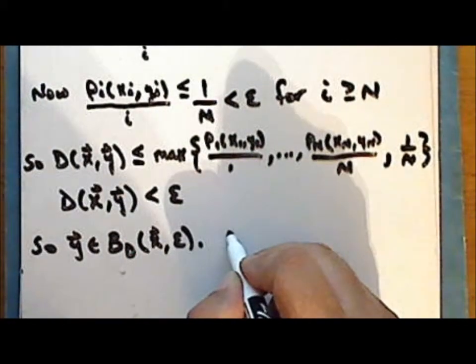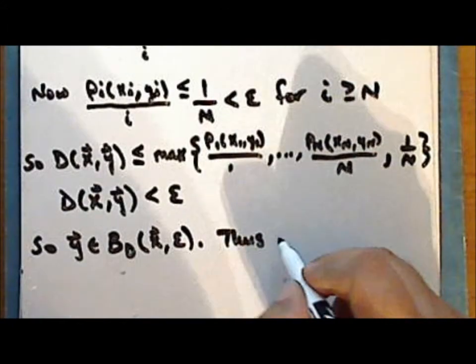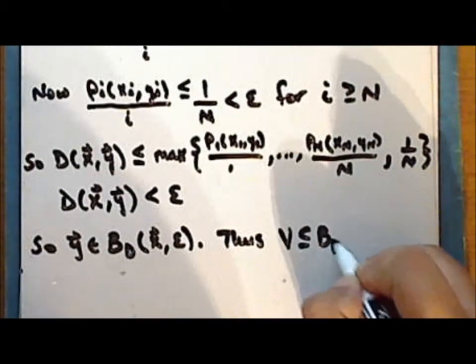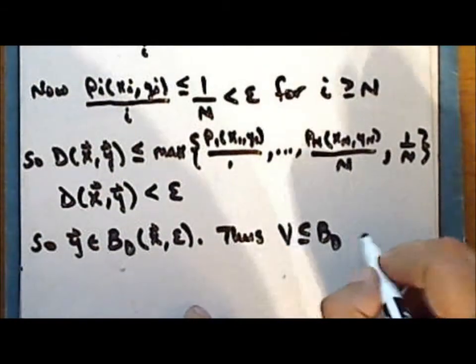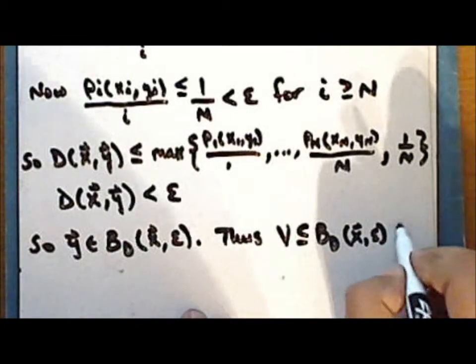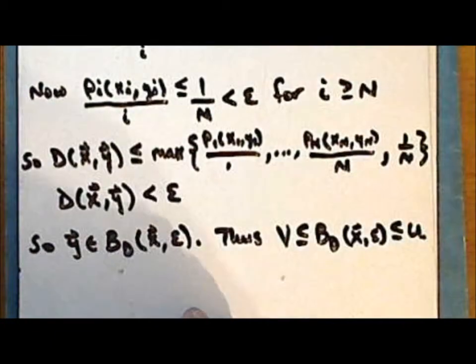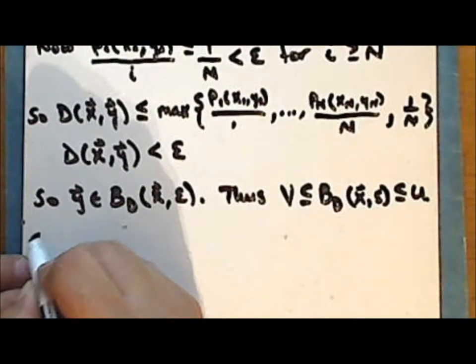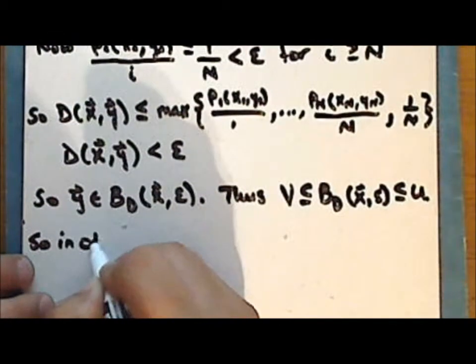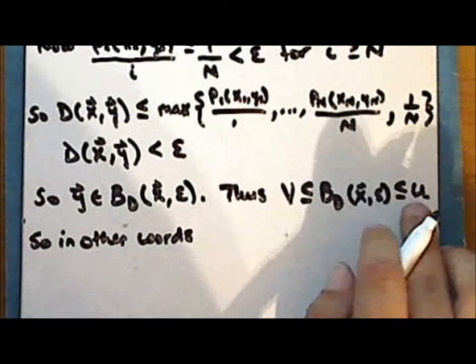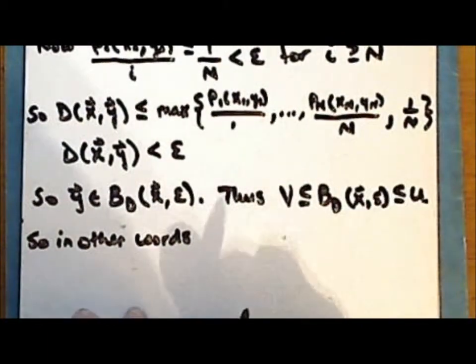And so we have demonstrated that the set V is a subset of the open ball under the metric capital D, centered at x with radius epsilon, which is itself a subset of the set U. So, in other words, we started with the set U that is open in the metric topology.